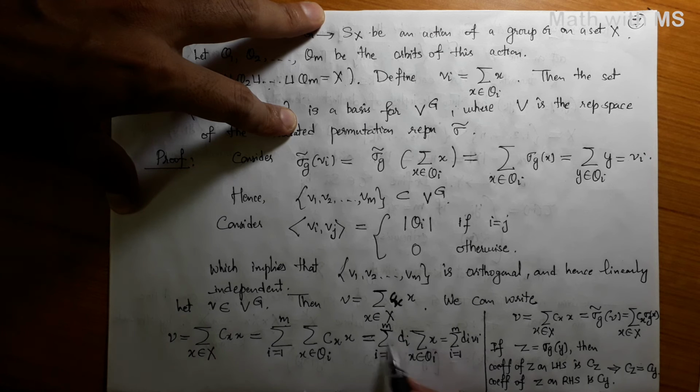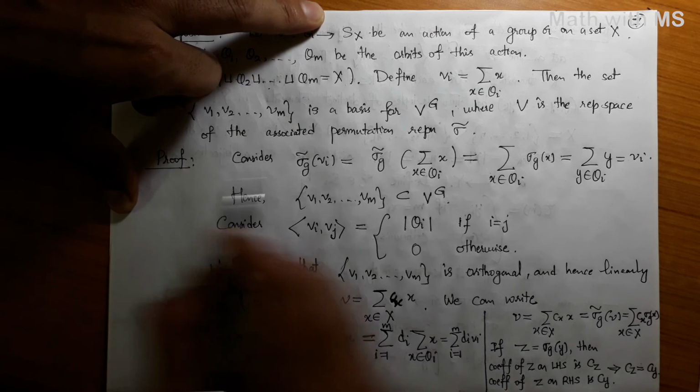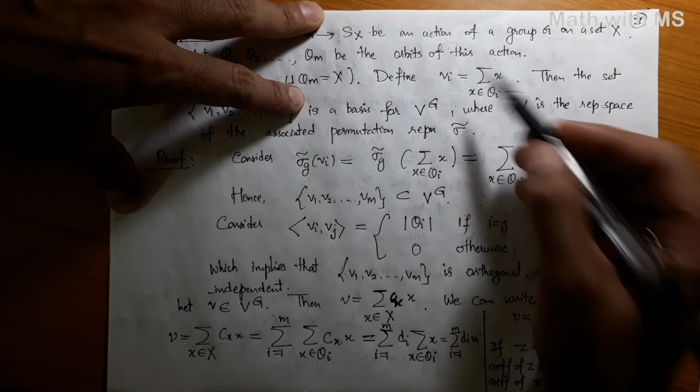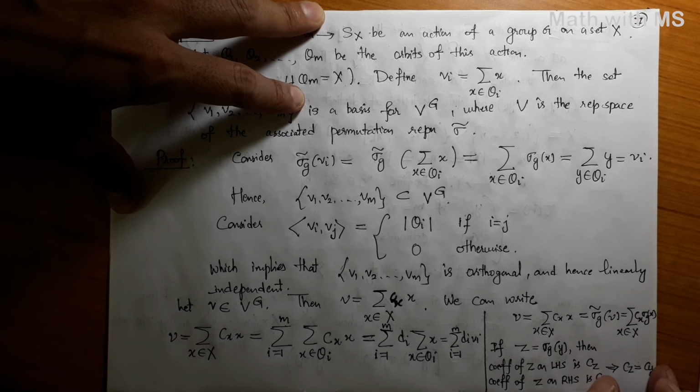So I can write it as the summation over i from 1 to m of Di times the summation over x in Oi. But the summation over x in the orbit Oi is just the vector Vi. So that is the same as the summation of Di Vi, i from 1 to m. Thus, given a fixed point of the permutation representation, I have been able to write it as a linear combination of these basis vectors Vi.